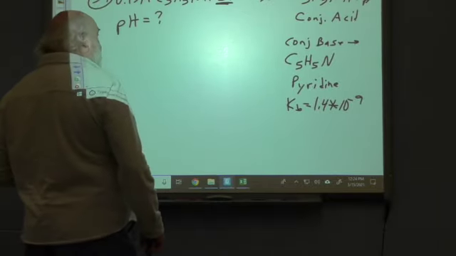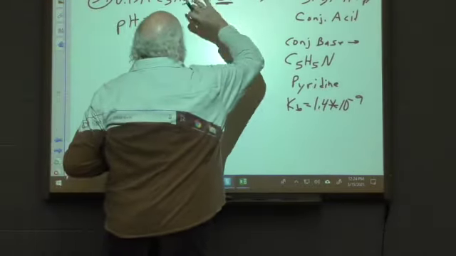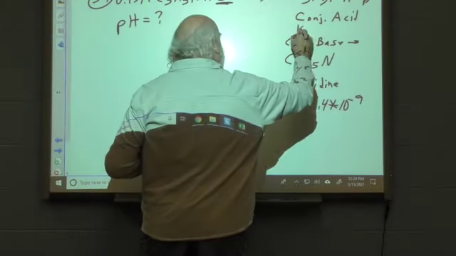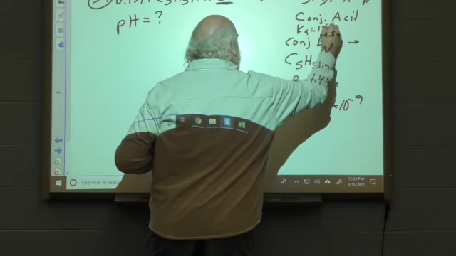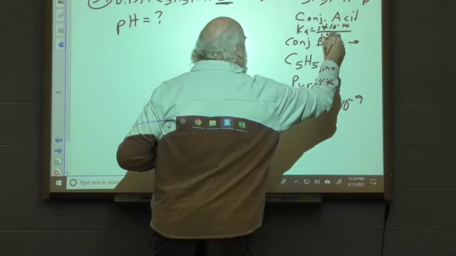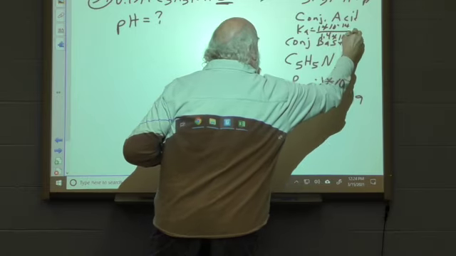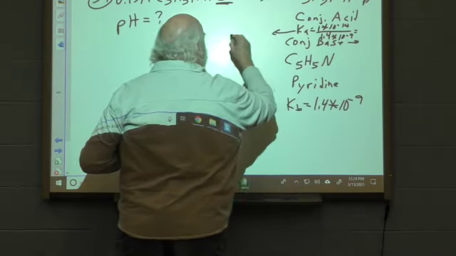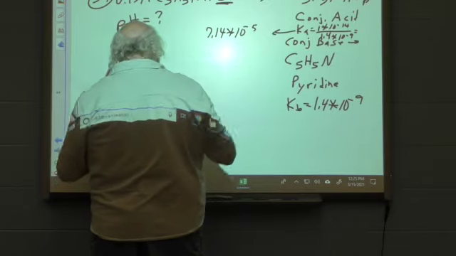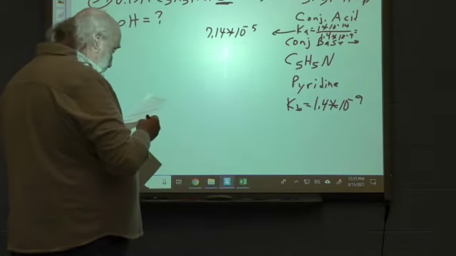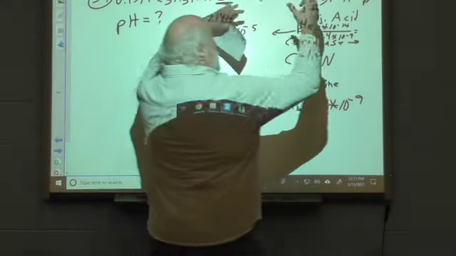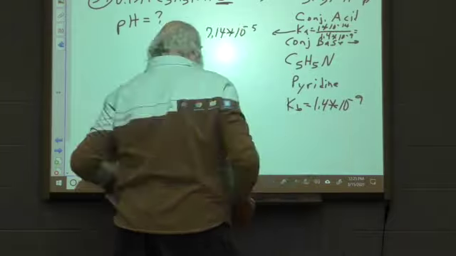So the Ka, which is what we need for this reaction that we're going to have when we dissolve it, the Ka for this is 1 times 10 to the negative 14 divided by 1.4 times 10 to the negative 9. And that gives us 7.14 times 10 to the negative 5th. Okay? So, now, let's dissolve this in water.